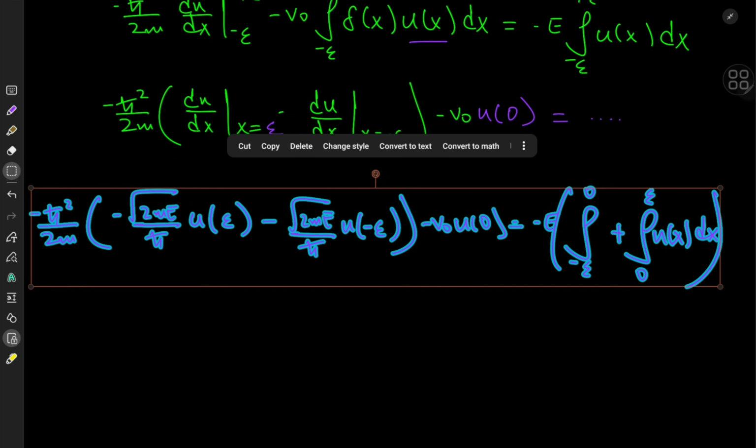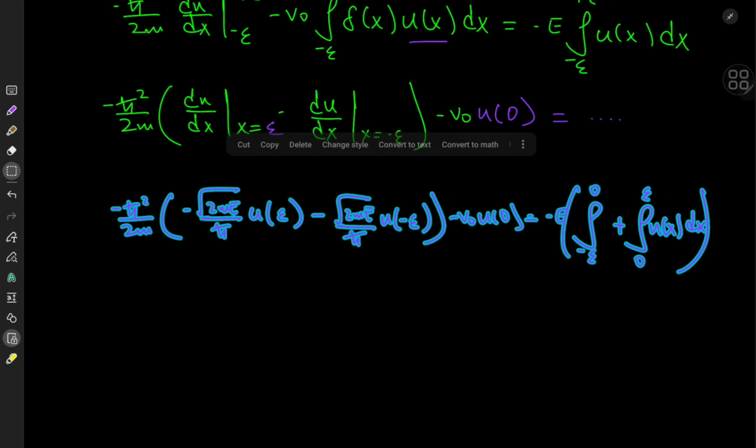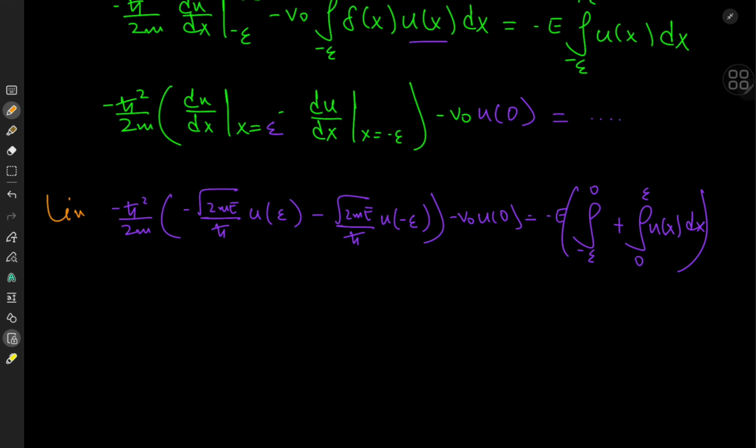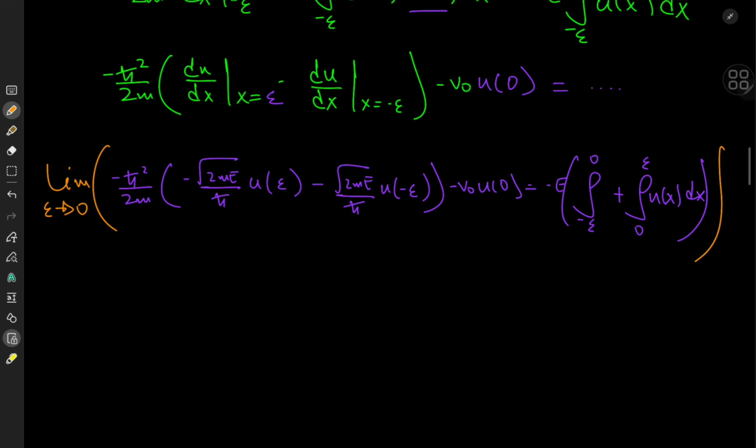So let me just apply that by zooming out a little bit to give myself some writing space. Switch colors just for variety. So we have the limit as epsilon tends to 0 of this whole thing, which results in, wait, I could factor out the negative root 2me thing.